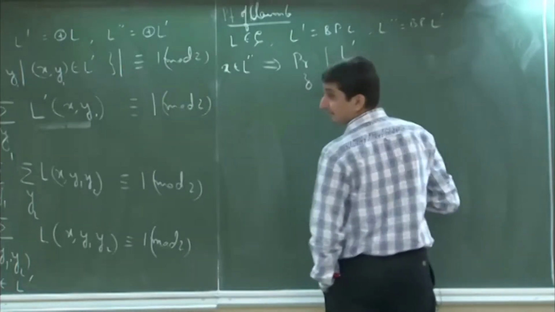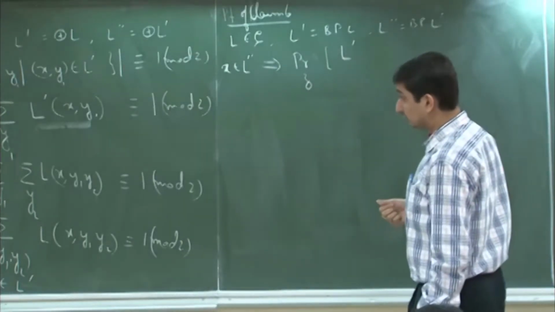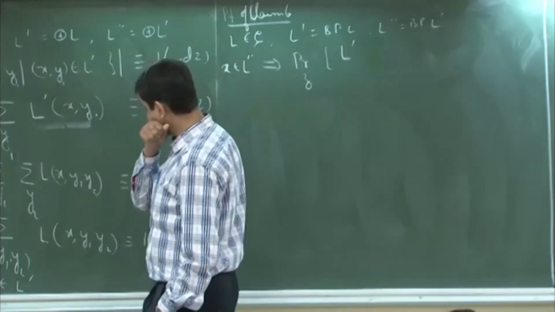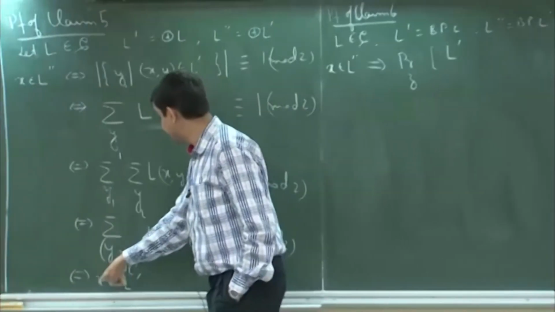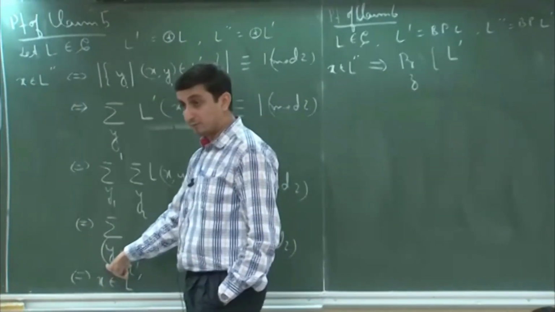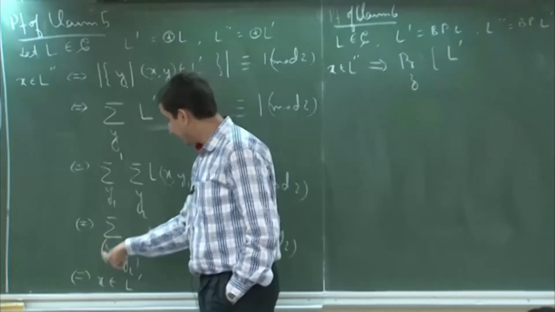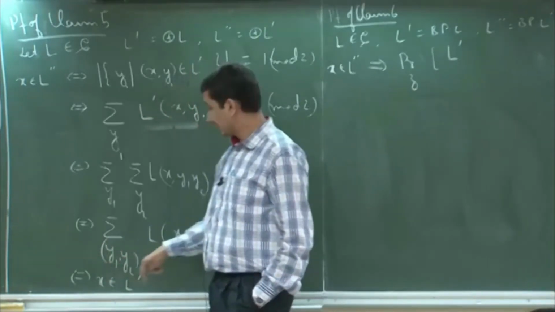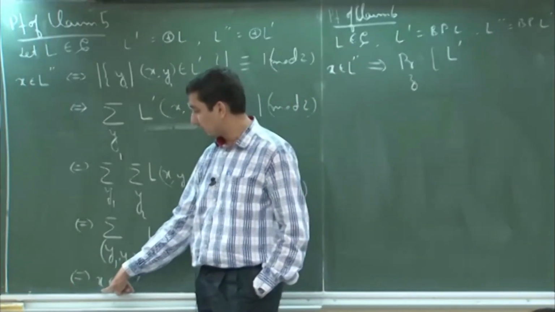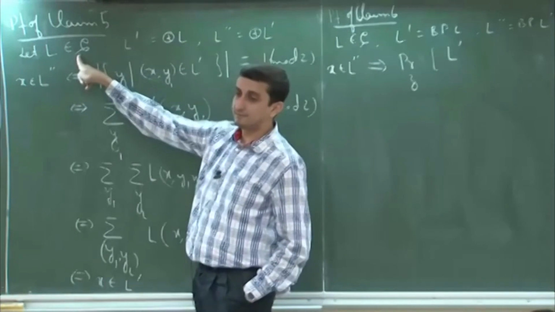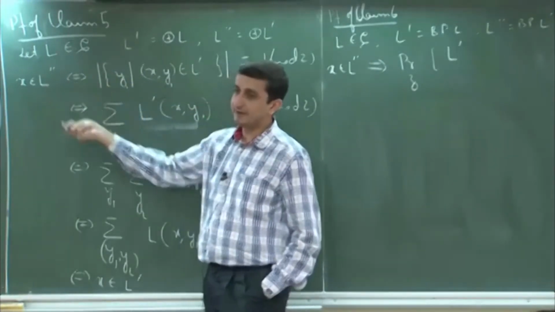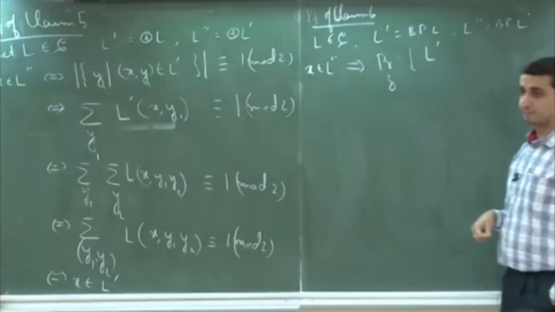Here I will just look at one direction. x belongs to L prime, because this pair y1 y2 is a certificate for x, and the number of such certificates that I have is an odd number. So this is giving me a parity machine for this language L. I started with a parity machine and converted it into just one parity.